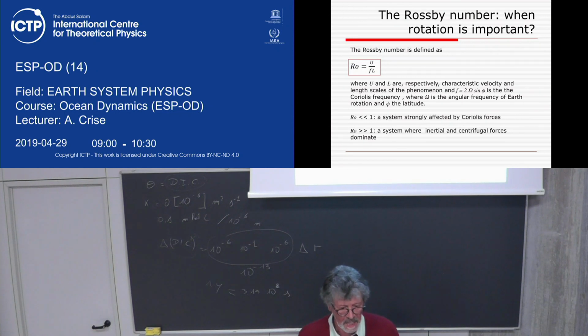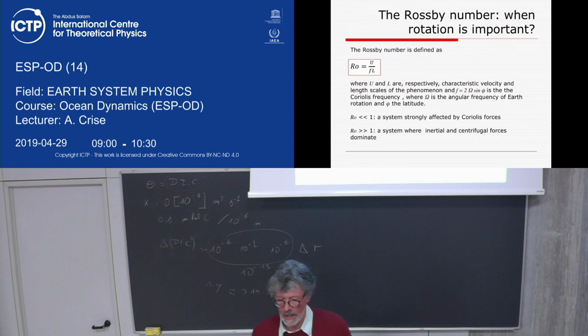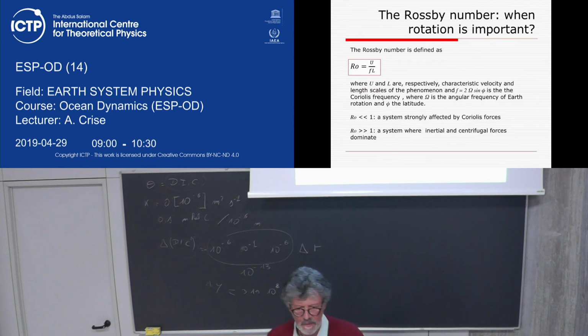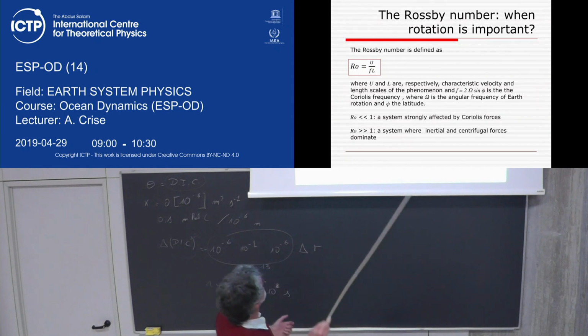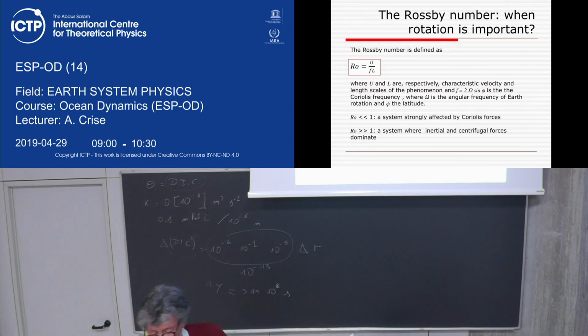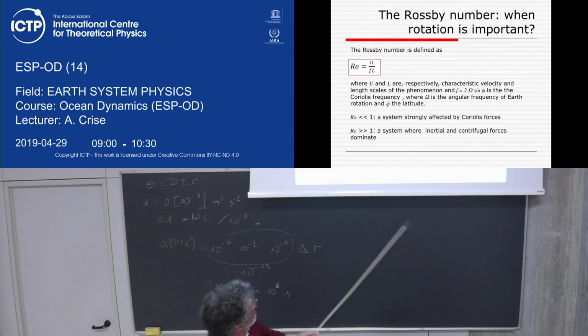The physicist knows the problem and wants to explore a certain range of scales. And on the basis of this physical sensibility, feeling, can decide which is the order of magnitude of U, L. Fortunately, f is not a scale. It's a quite precise number that comes from that.